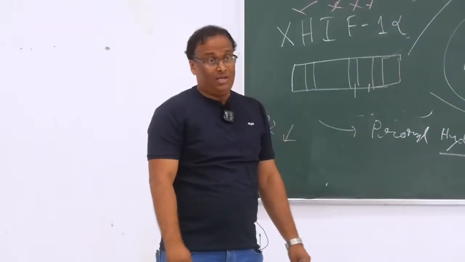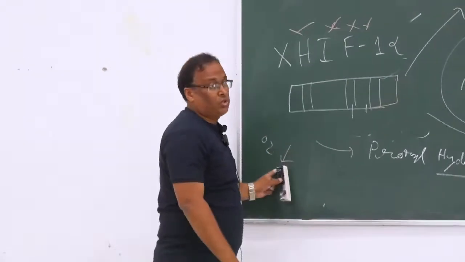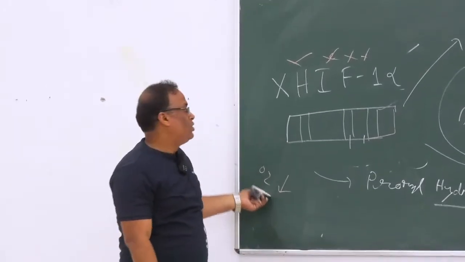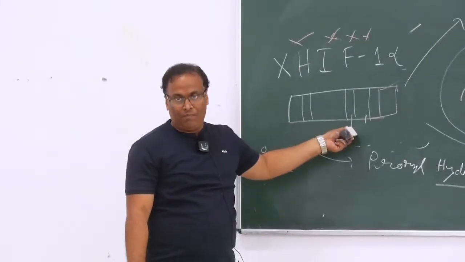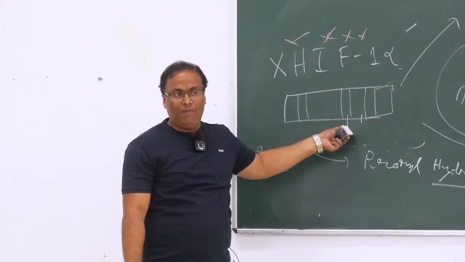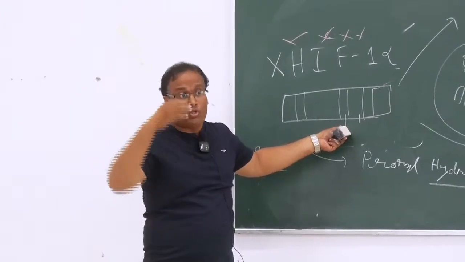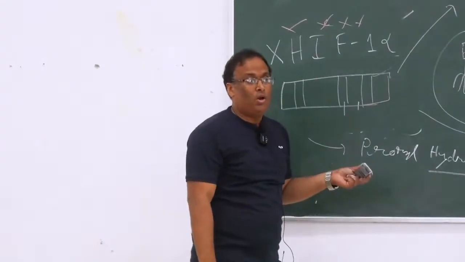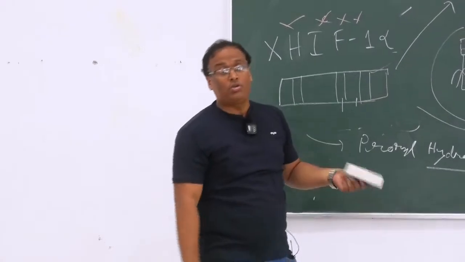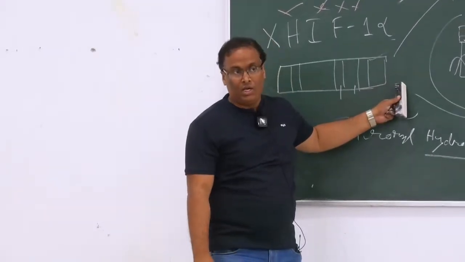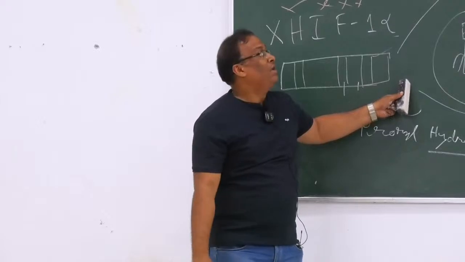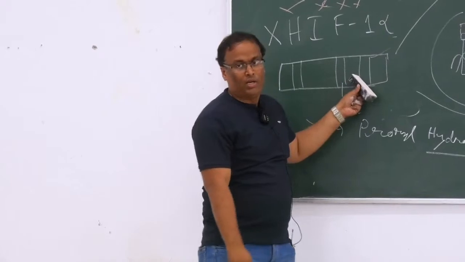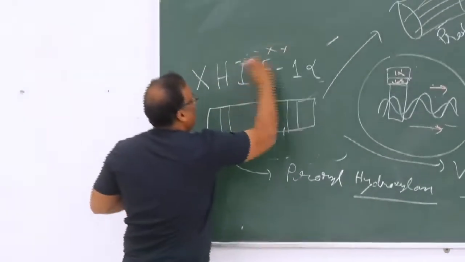So what happens in hypoxia? When we are at high altitude, there is less oxygen, so there is no question of any hydroxylation by the enzyme prolyl hydroxylase. If there is no hydroxylation, there is no binding of von Hippel-Lindau protein. If there is no connection with the von Hippel-Lindau protein, there is no ubiquitin molecule connection. If ubiquitination is not done, the proteasome cannot do anything and will not break this down, so ultimately it will be present.